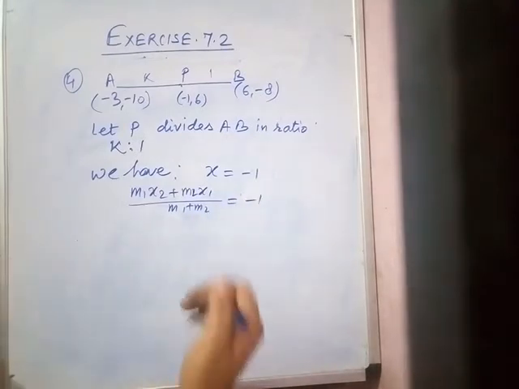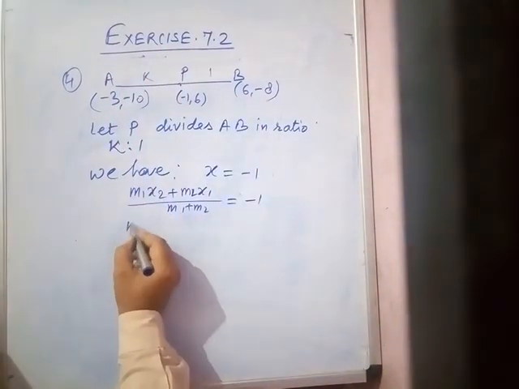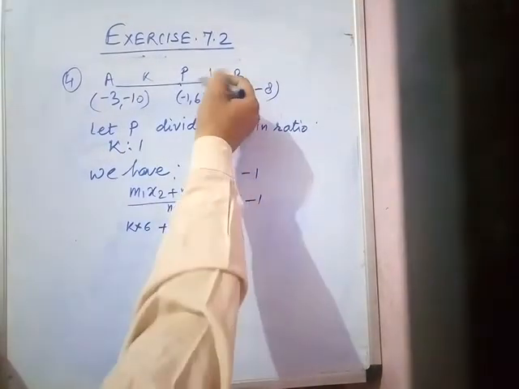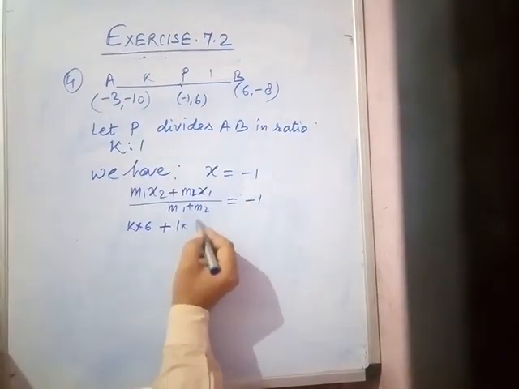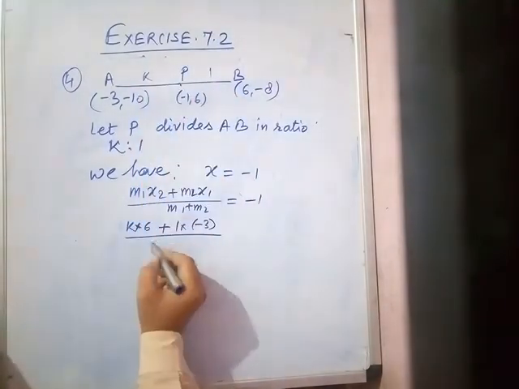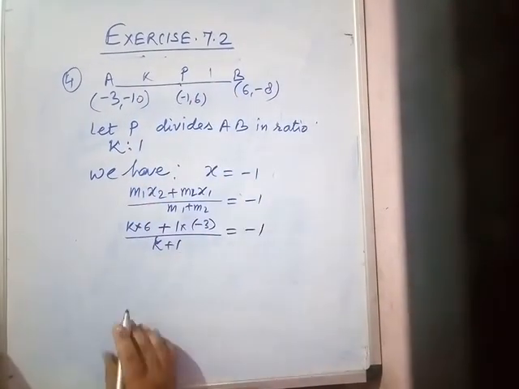Now put the values: m1 into x2, so k into 6, plus m2 into x1, 1 into minus 3, upon m1 plus m2, that is k plus 1, equal to minus 1.